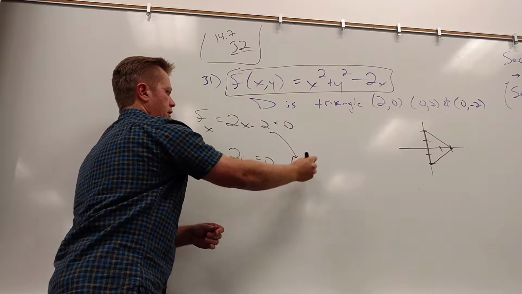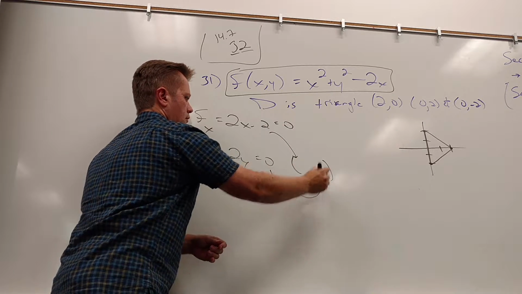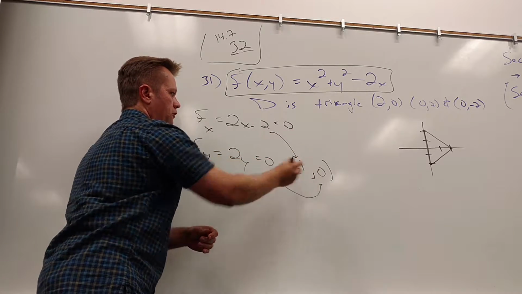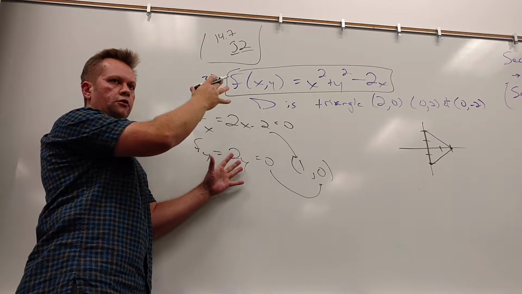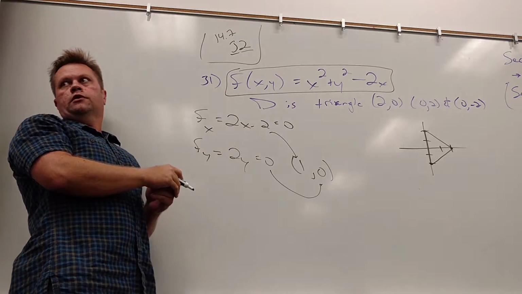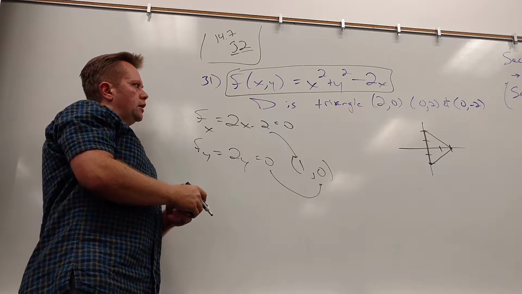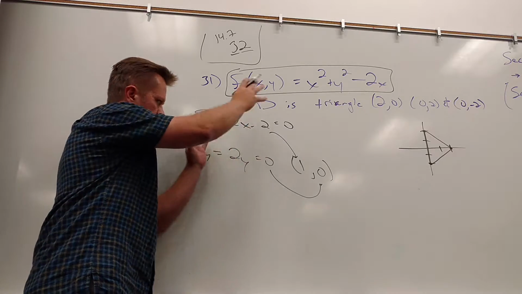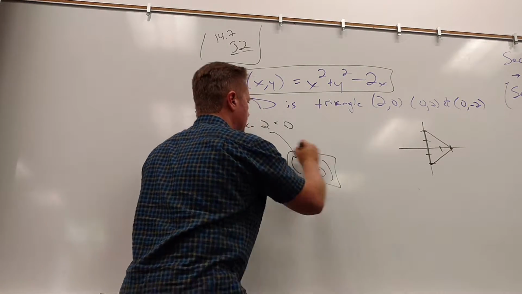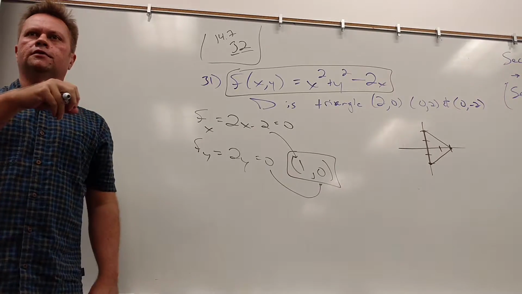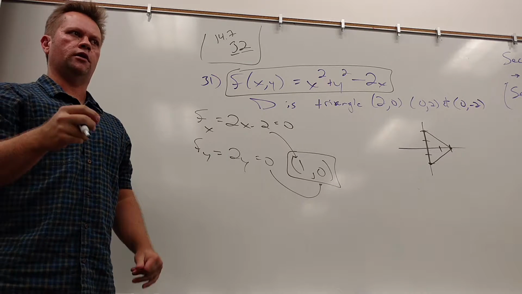From this one, I'm going to get 0 for y. From this one, I'm going to get 1 for x. It's the only point that makes both of those 0 at the same time. That's one candidate for a point that makes this the biggest or the smallest.